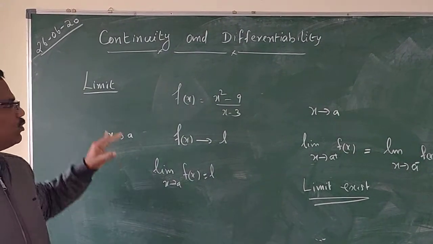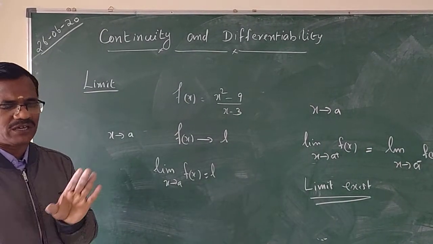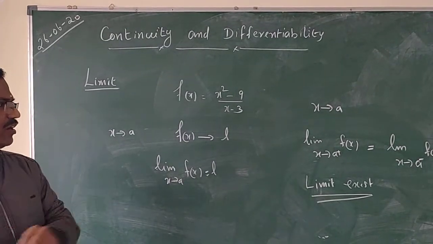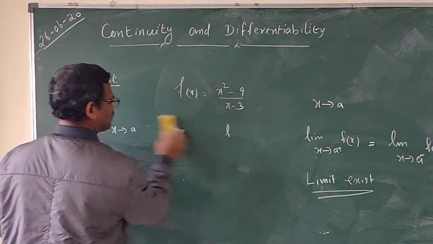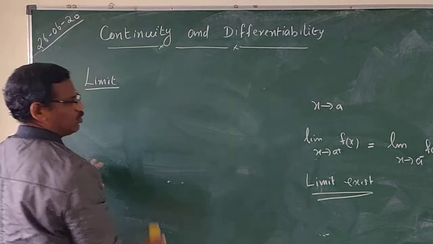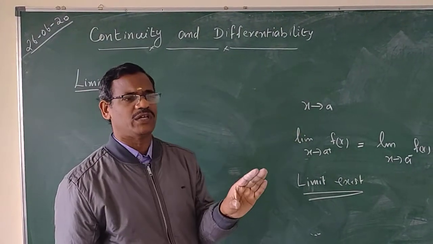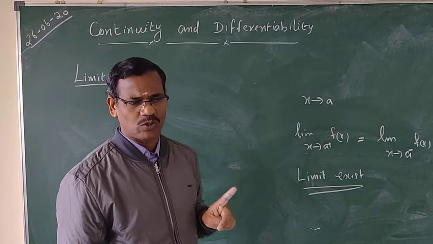So to understand the concept of continuity, you must have a thorough idea about the limit. And one more thing, I just want to recapitulate what you have studied in class 11. The definition of the limit: when x is very near to a, the function's value is very near to L, then that L is called the limit.